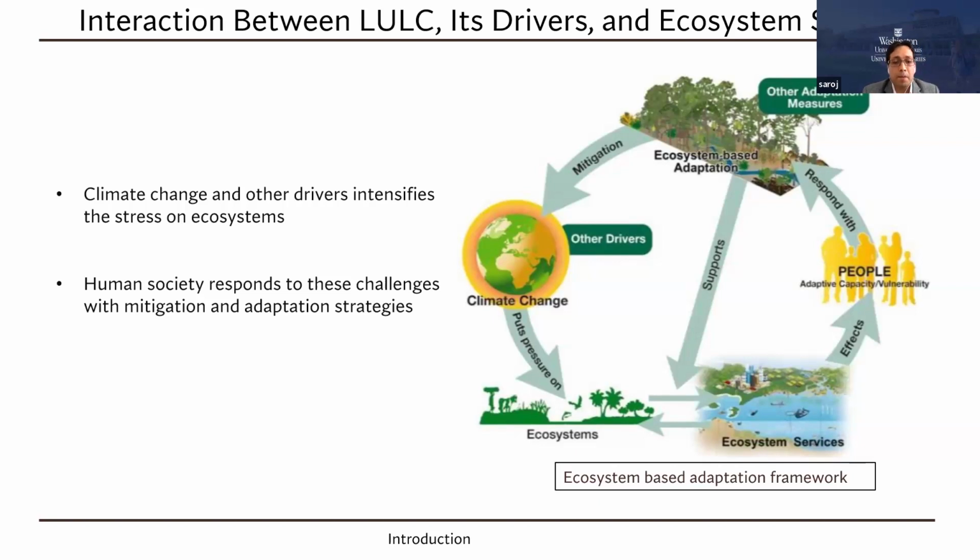For example, if human society or certain actors feel the ecosystem is degrading, they can work on it to transition towards a better ecosystem following some restoration or other work.